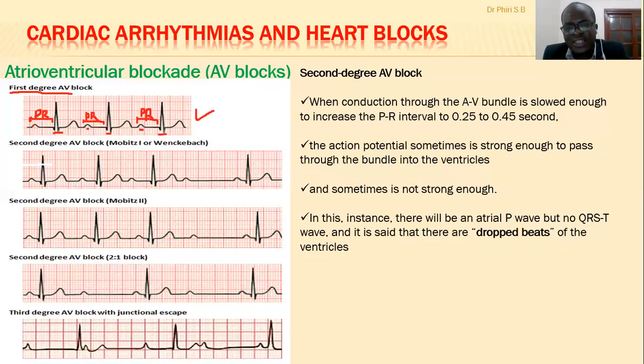In this instance, there will be an atrial P wave, but no QRS wave. And it is said that there are dropped beats of the ventricles. It means the ventricles are not contracting because one of the P waves is not being conducted to the ventricle, so that you have the QRS complex. So this is a second degree heart block.